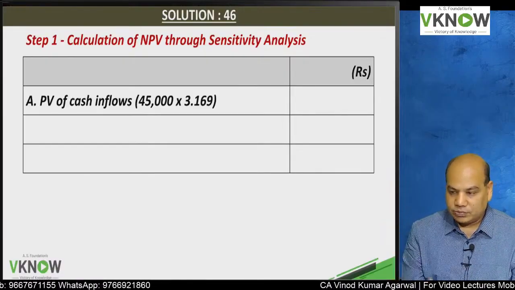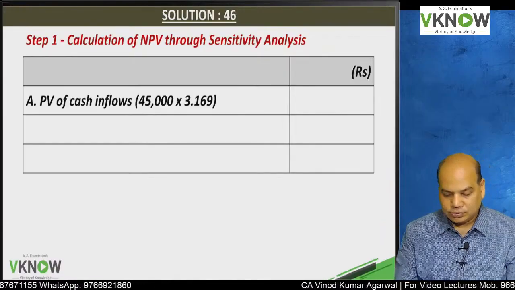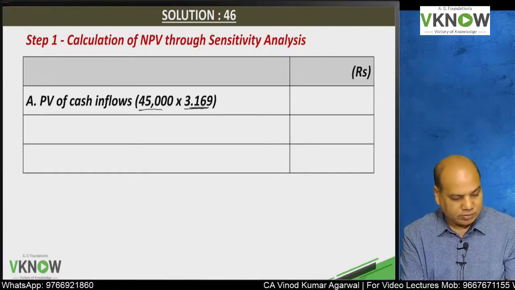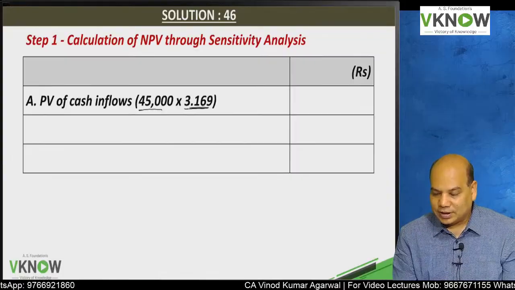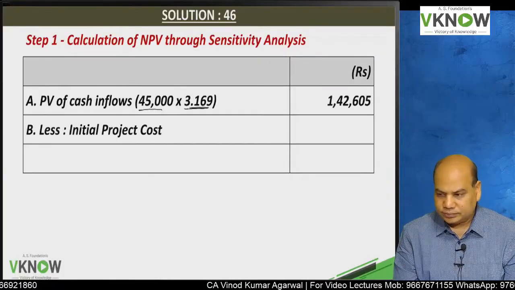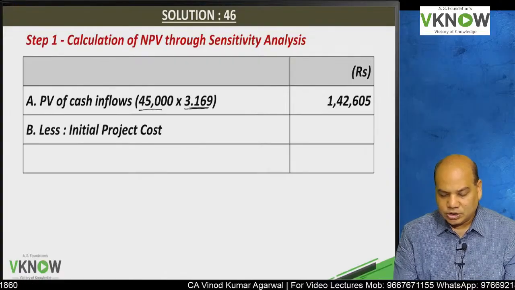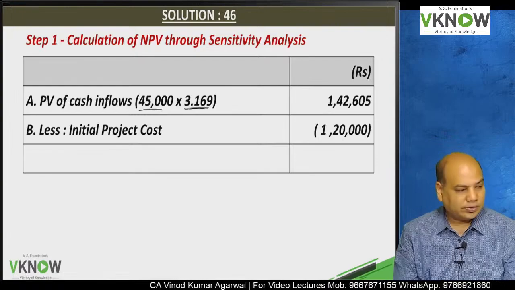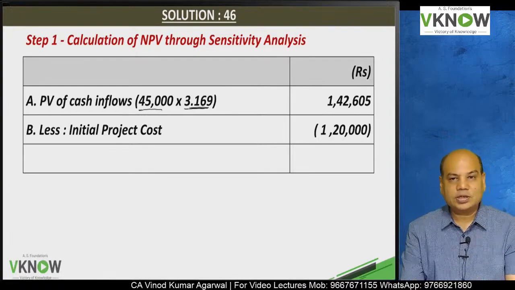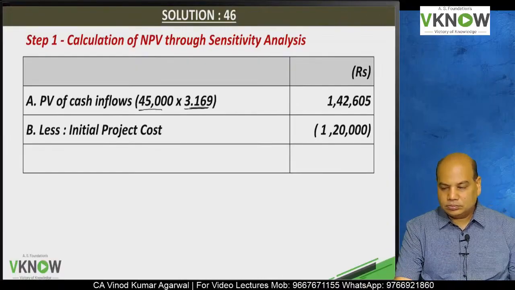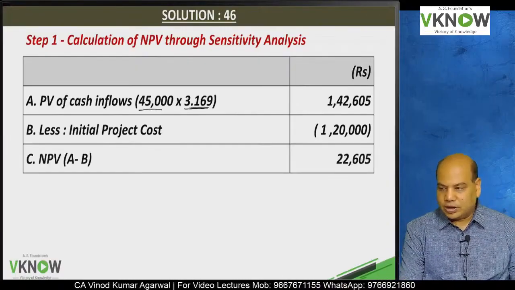First point A, PV of cash inflow: 45,000, the factor given in the problem is 3.169, so that comes to 142,605. Point B, less initial project cost 1,20,000.